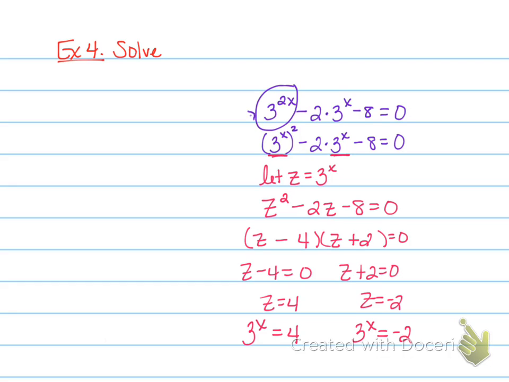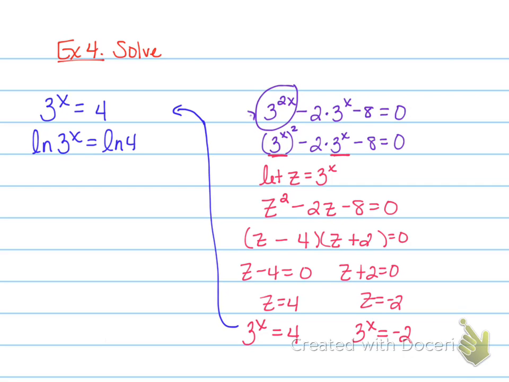Alright, so first I'm going to work on this first piece, which was 3 to the x equals 4. We're back to example 2 towards the beginning. Step 1 is to isolate the exponential expression, which it is. Step 2 is to take the log of both sides, so I'm going to natural log both sides.